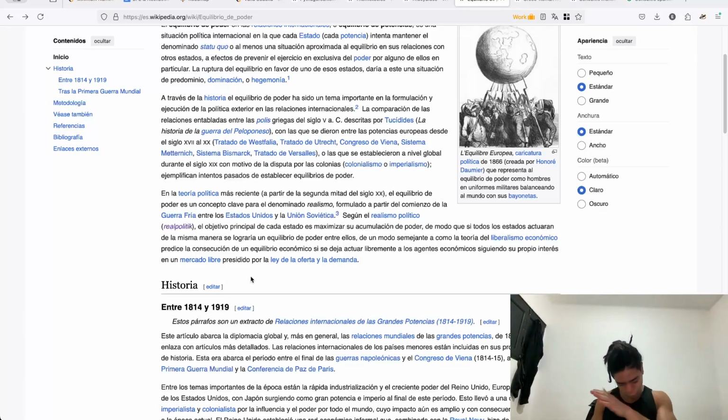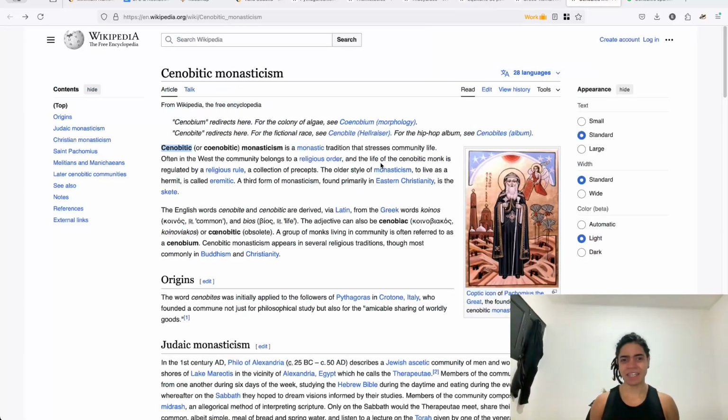And how all of this comes from the mathematicians, from the mathematikoi or the Pythagoreans. Now one branch dedicated itself to being cenobitic or monastic.